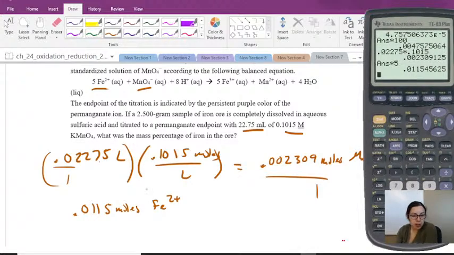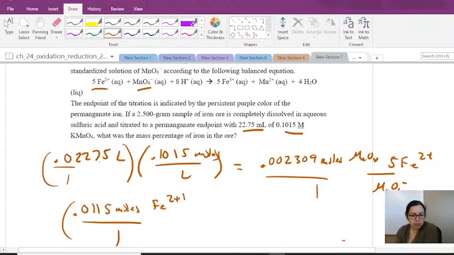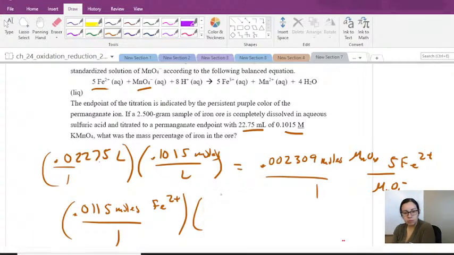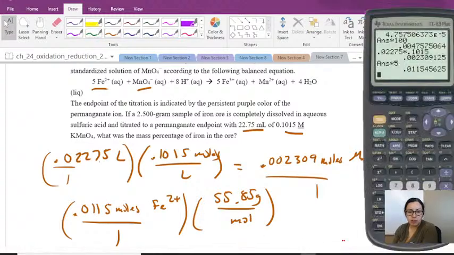So convert to grams. So what's the mass of iron? 55.85 grams per mole times 55. And so I get this many grams then of iron.